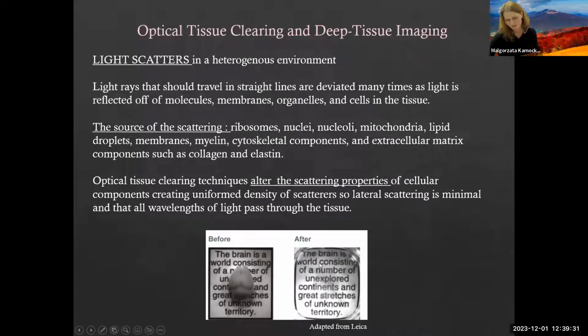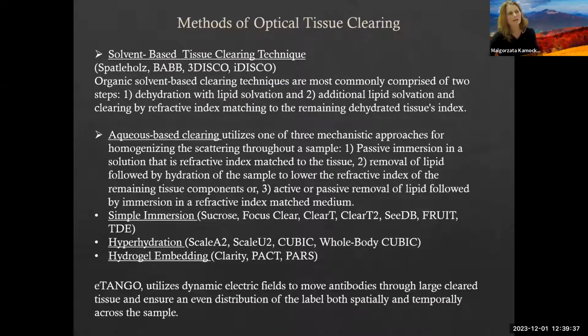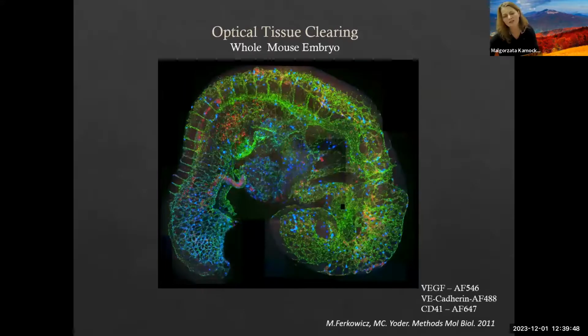You can see that after the tissue is cleared, we can read the text underneath the tissue. And there are many tissue clearing techniques available. There are solvent-based techniques, there are aqueous-based clearing techniques, and there is no one for all. So actually, you would need to do a little bit of research to find out which one would be applied for your tissue and for the specific fluorophores which you would like to use, or type of labeling.